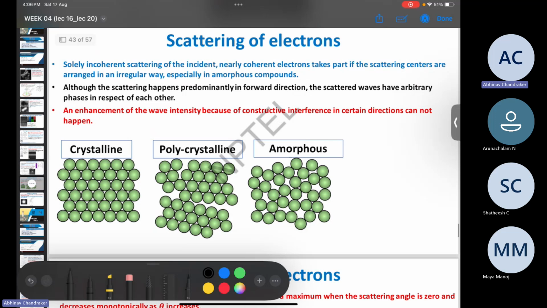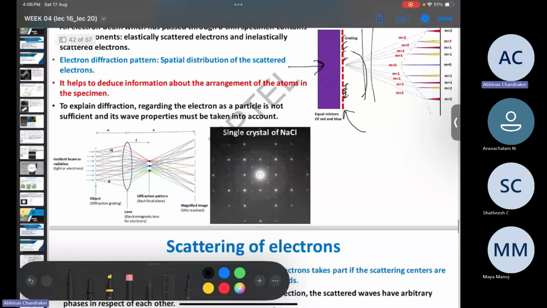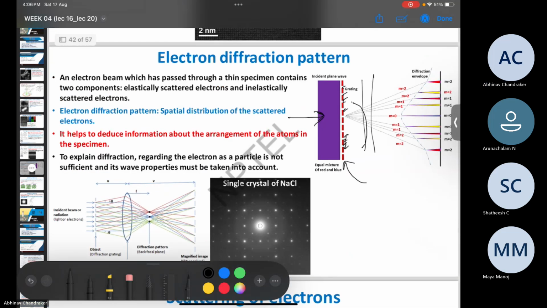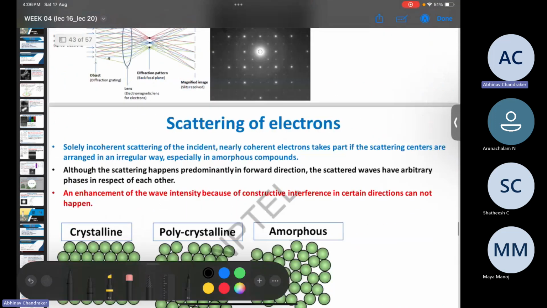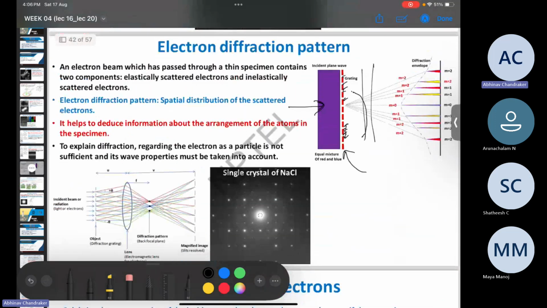So even diffraction is just a scattering phenomenon, but because in case of crystalline or semi-crystalline materials, the atoms are arranged in a very periodic manner, the scattering also happens systematically, and because of this systematic scattering, we get special phenomena such as these diffraction spots, which are very periodic in nature.